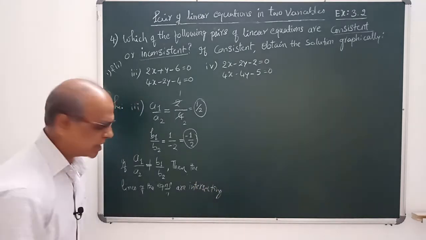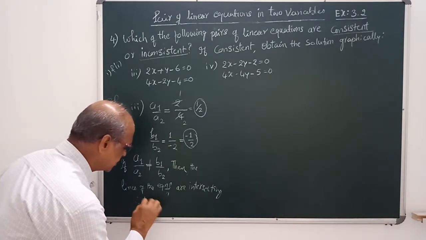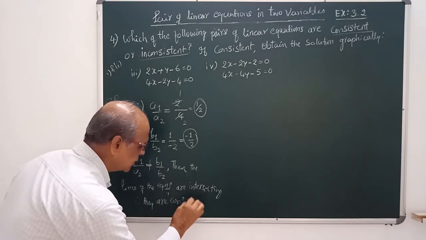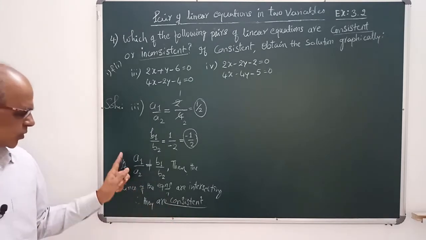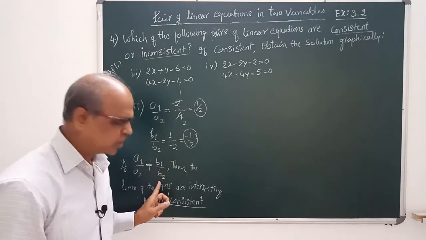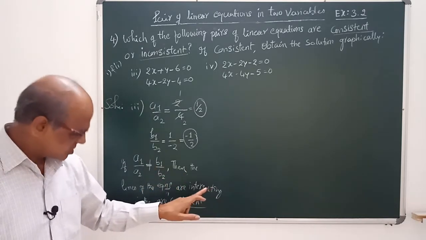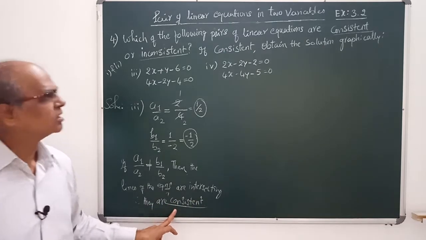They are intersecting lines, therefore they are consistent. See here, ratios are not equal. A1 by A2 is not equal to B1 by B2. Therefore the given equations are intersecting lines. Since they are intersecting lines, the equations are consistent.